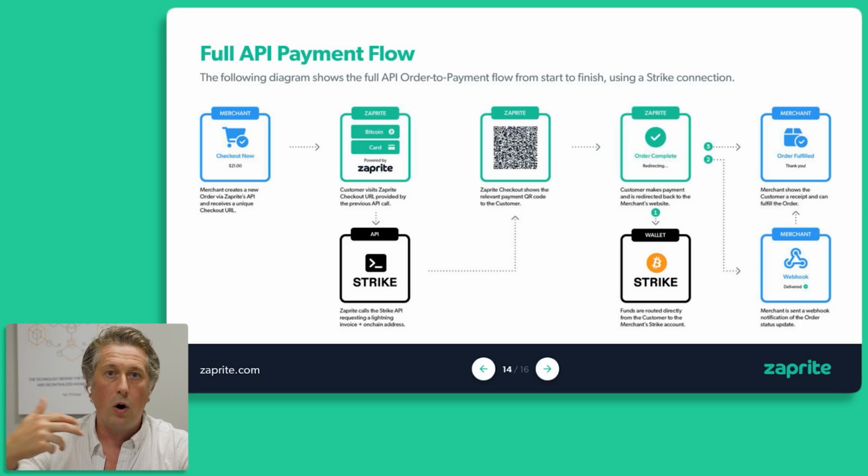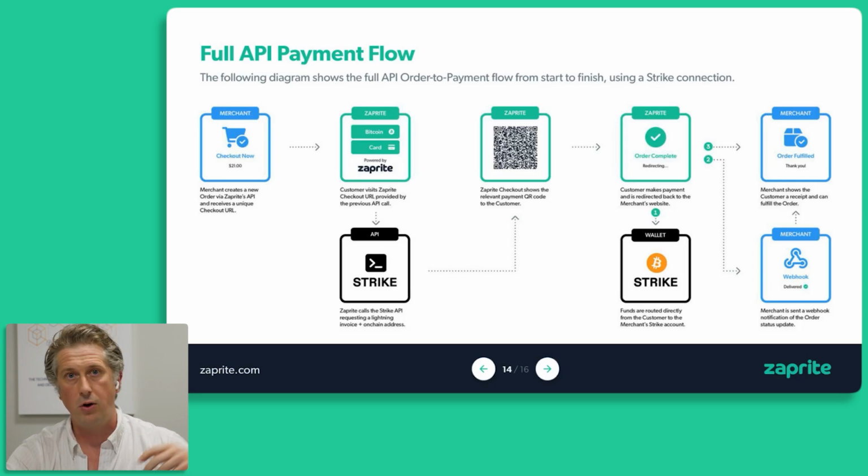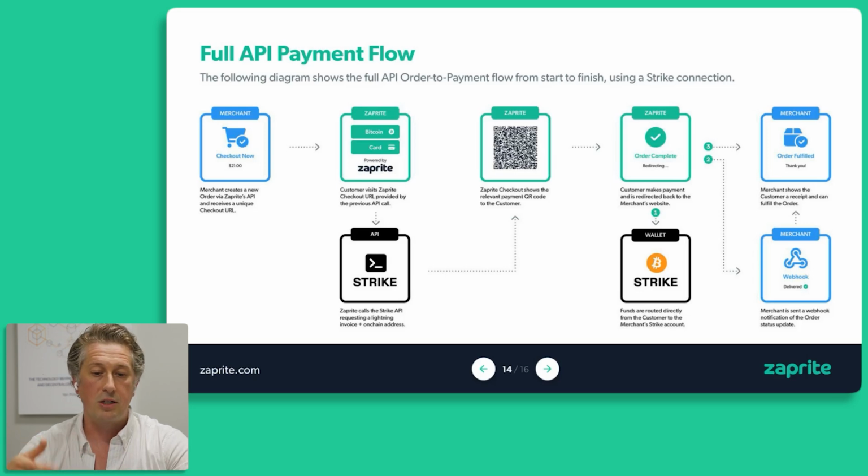Once it goes there, we're going to be interacting with whatever custody option you chose. If it's a custodial thing like Stripe, we're talking to the Stripe API. We're generating basically an invoice, a QR code that your customer can pay. That could also be going to your LND node or through your XPub, retrieving an address, right? The customer is going to interact with that QR code. They're going to pay.